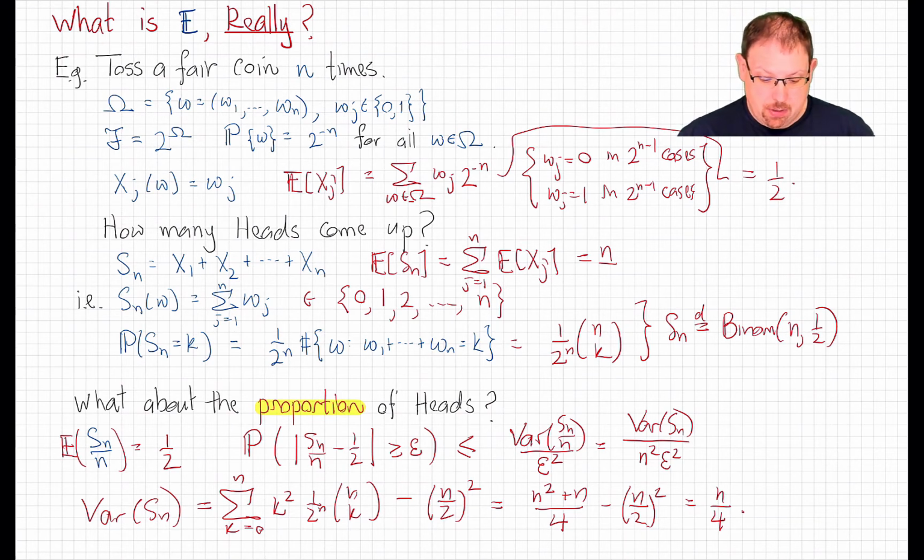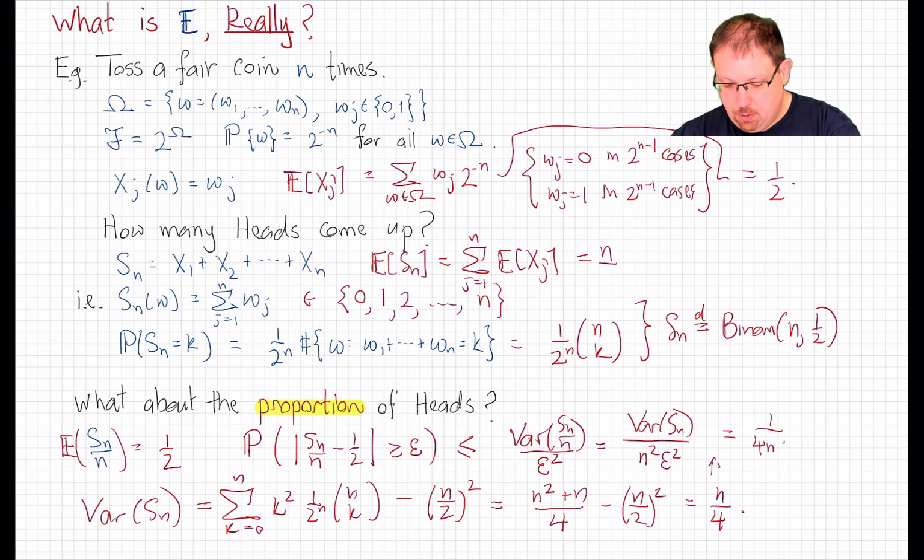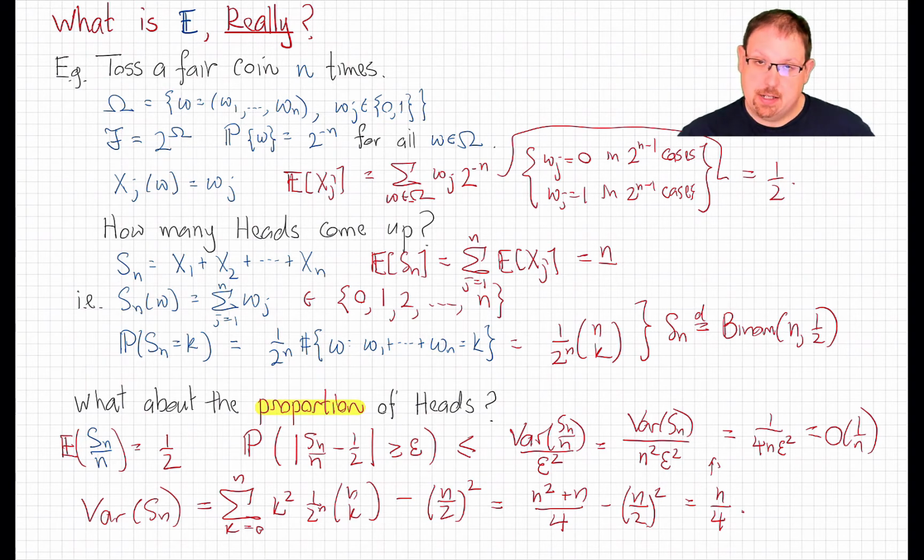Interestingly, each of the two terms in the variance grows quadratically with n, but their difference grows only linearly with n. And so what that means is that this upper bound on the probability of being at least epsilon away from the mean actually decays with n. So as n grows, this distribution gets more and more concentrated around the mean.